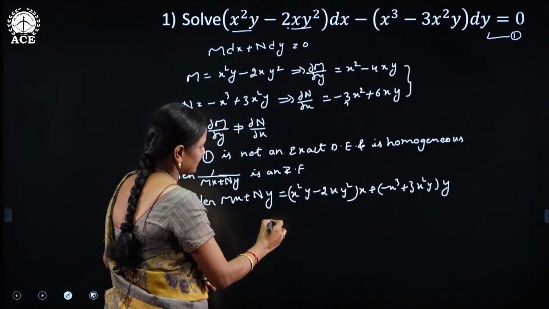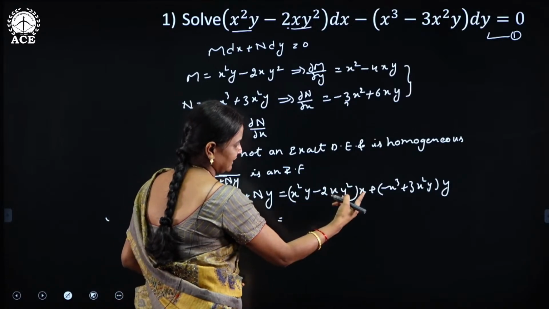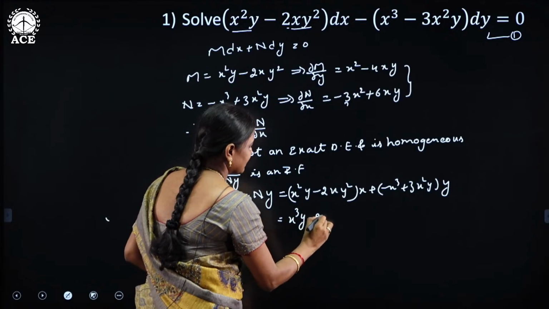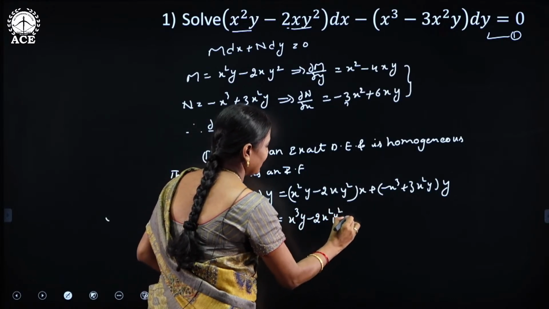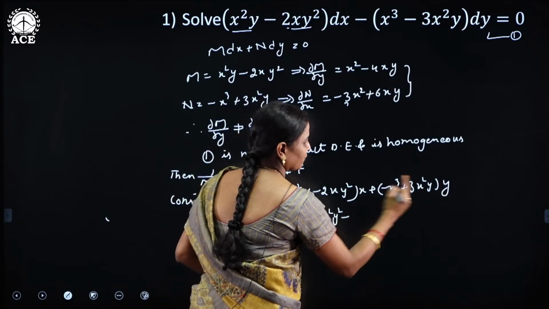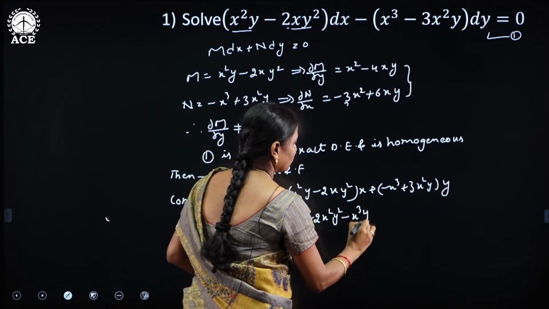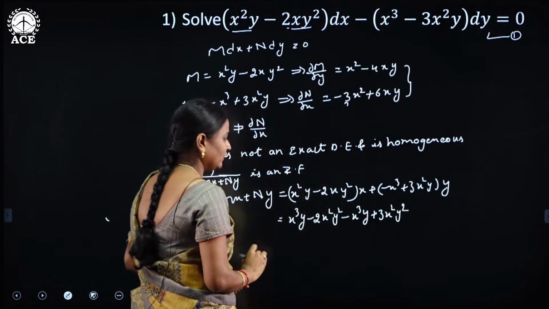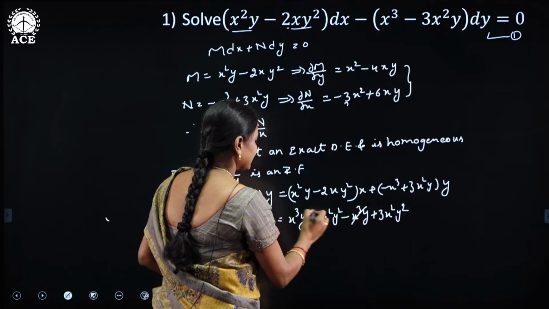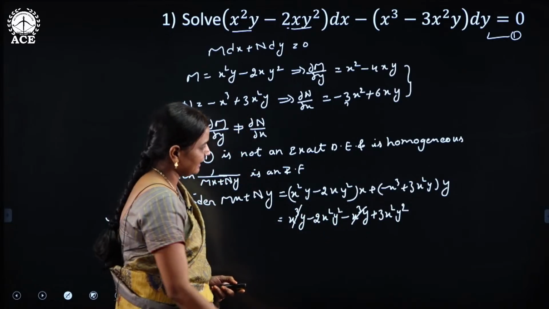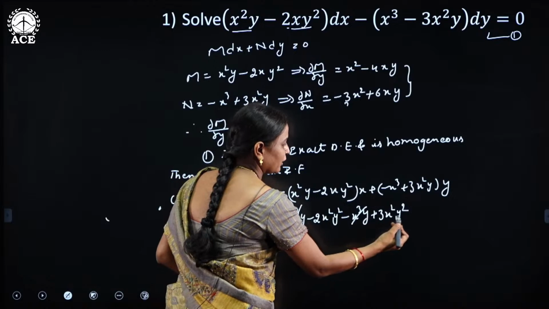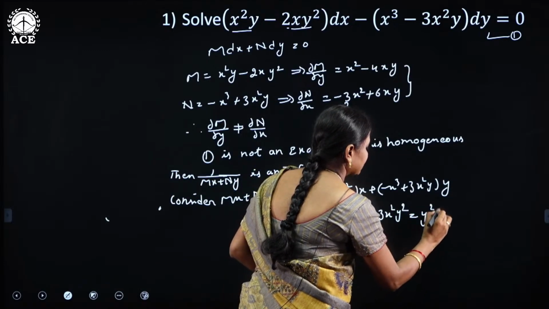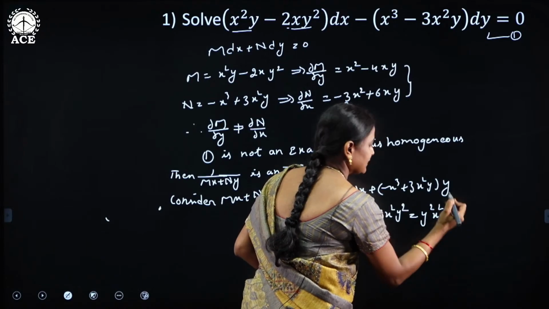Simplify this: x cube y minus 2x square y square minus x cube y plus 3x square y square. Observe clearly: minus x cube y plus x cube y get cancelled, and minus 2x square y square plus 3x square y square gives x square y square, which is not equal to 0.